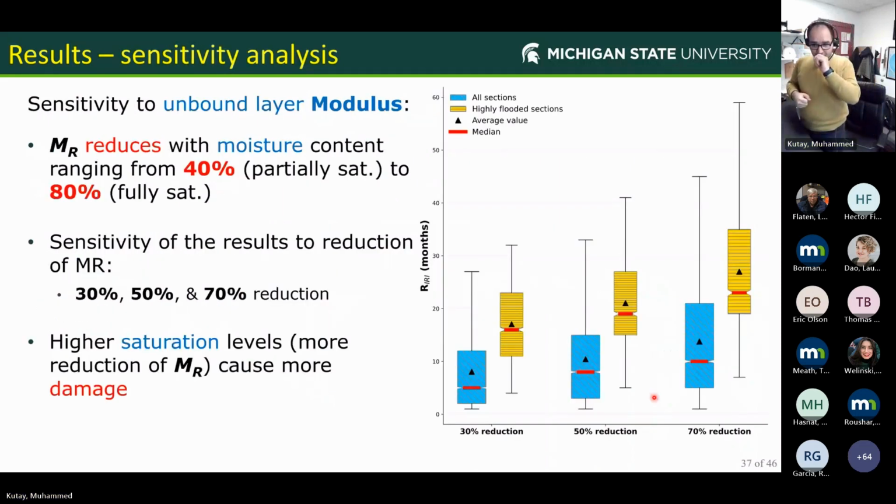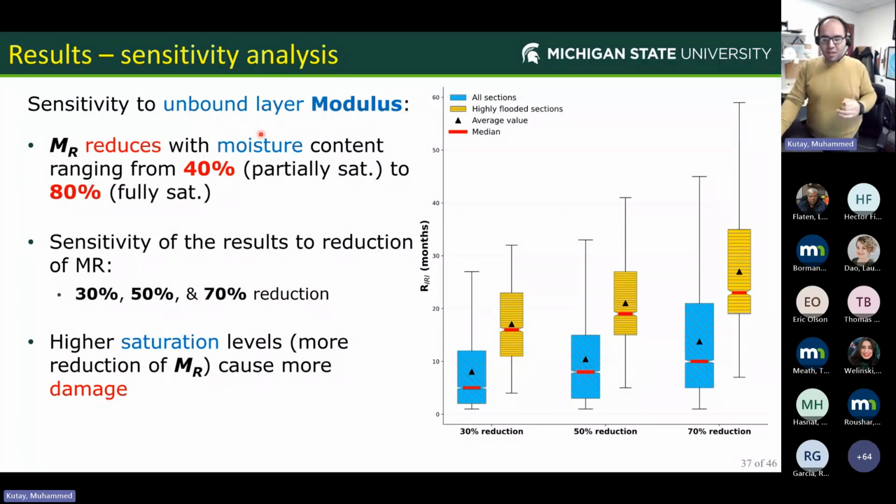So after that, we are running some sensitivity analysis to investigate the effect of different significant parameters on the results of the UPDAPS-Flood. The first thing we are investigating is the amount of reduction in the unbound layer moduli due to the saturation.